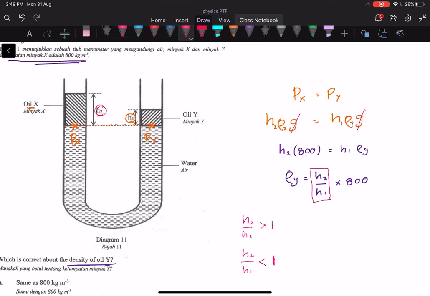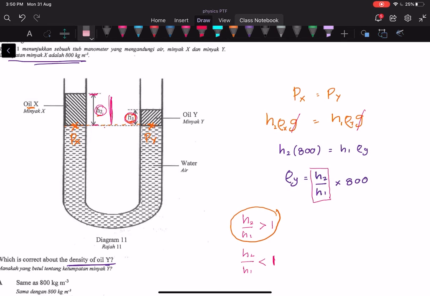Now look back here. H2 ni compare dengan H1 ni, mana satu lebih besar kedalaman dia? H2 adalah lebih tinggi, manakala H1 adalah lebih kecil kan? Maka H2 bahagi dengan H1. Bila kita ambil nombor yang lebih besar daripada H2 ni, kita bahagi dengan H1 yang lebih kecil, maka kita akan dapat H2 bahagi H1 lebih besar daripada 1.